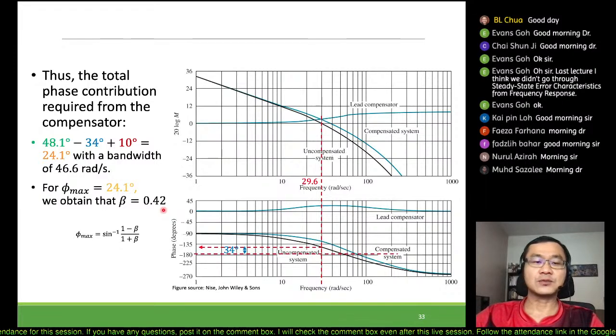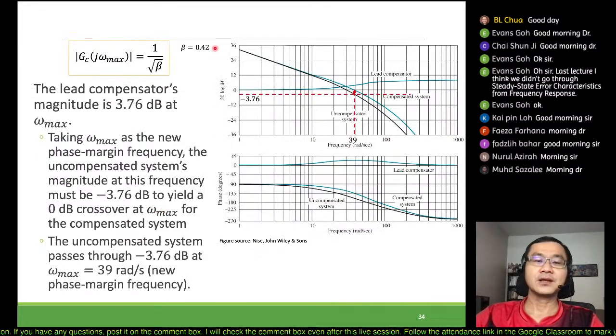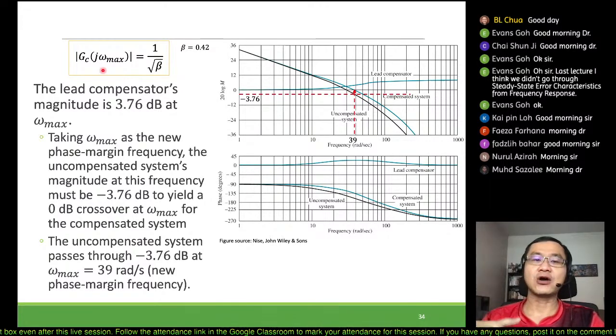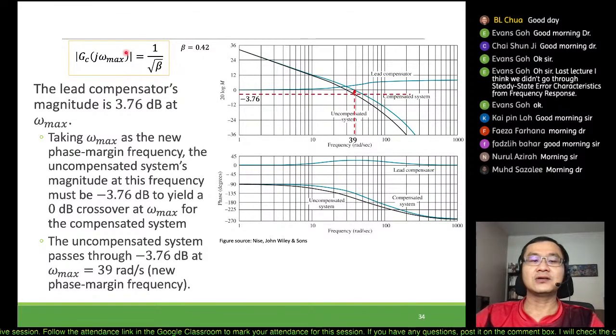Once you get the 0.42, estimate the value of this GC when the so-called maximum frequency occurs. We get 1 over square root beta, with beta estimated as 0.42. This value corresponds to 3.76.